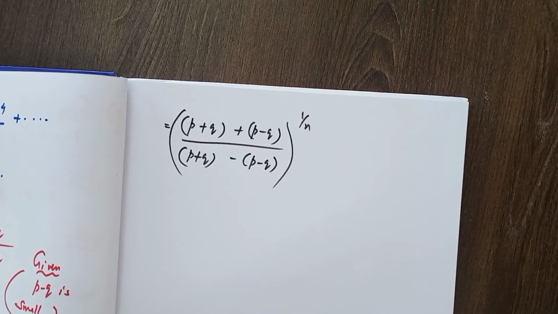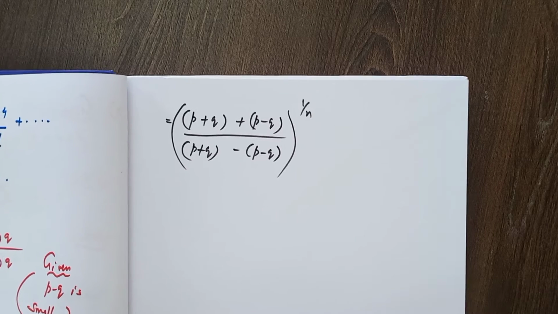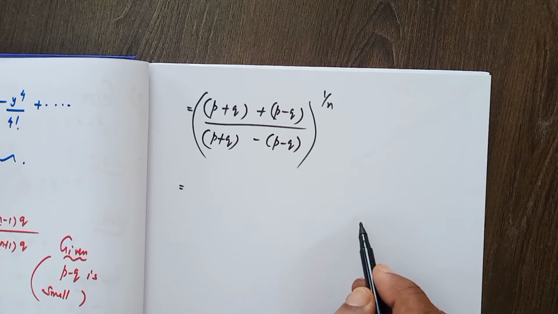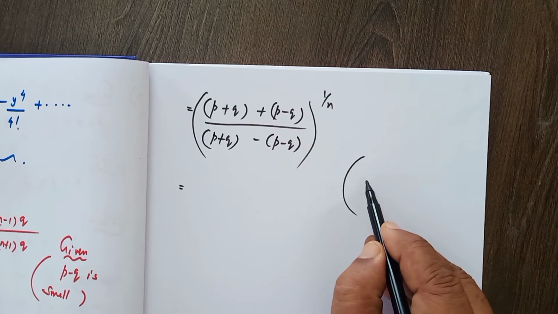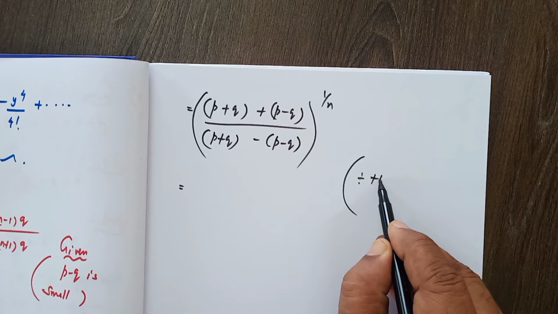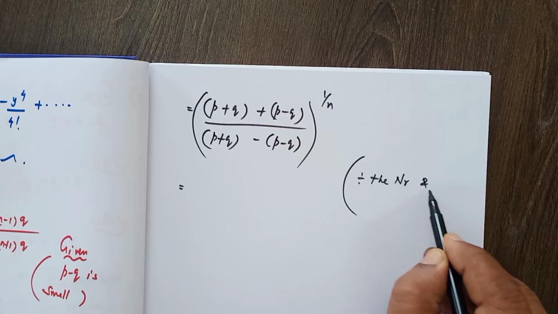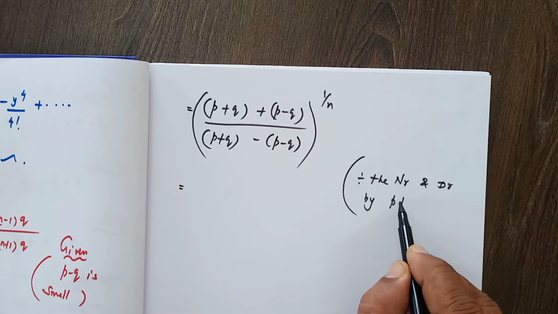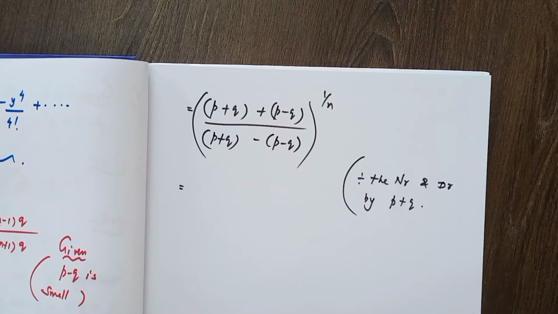Now divide the numerator and denominator by p plus q. Each and every term should be divided by p plus q.